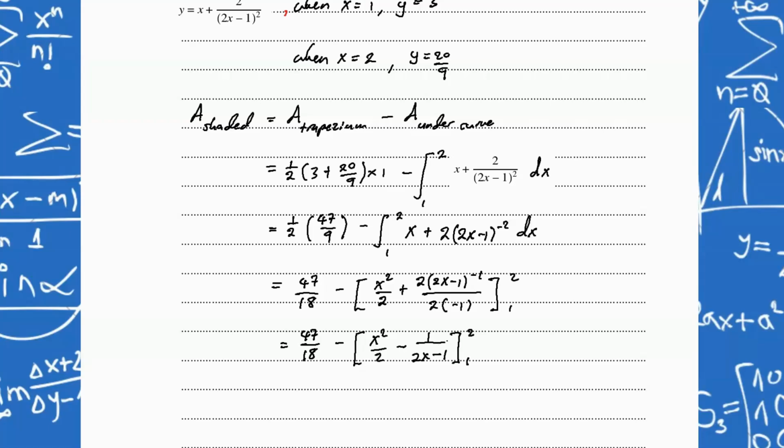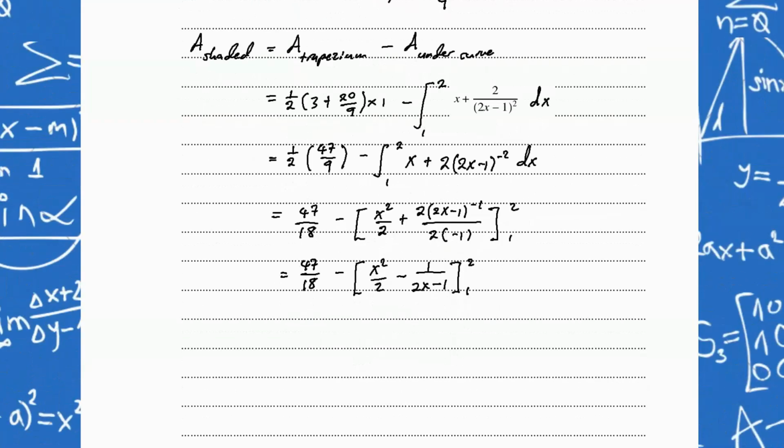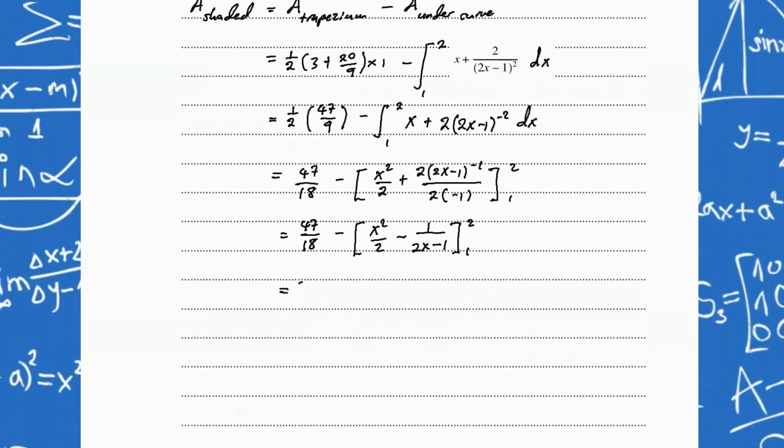So basically this is going to be 47 over 18 minus, now substituting 2, 2 squared over 2 is 2, minus, substituting 2 here, 1 over 4 minus 1, so it's minus a third.